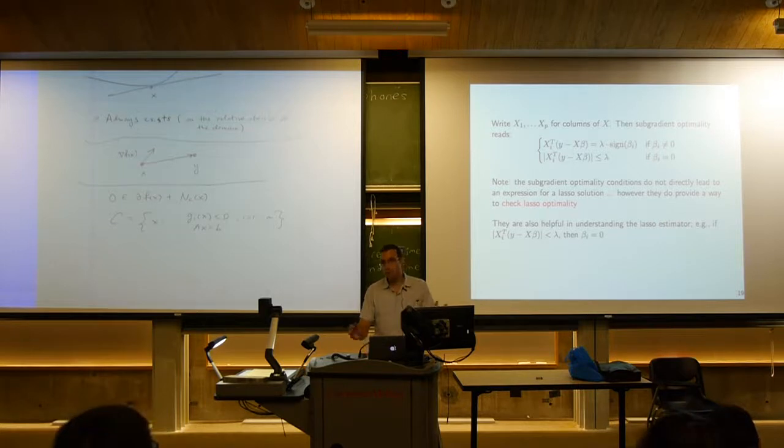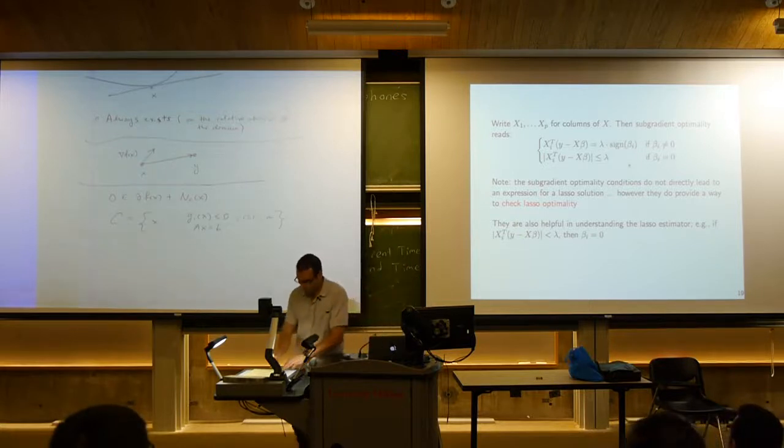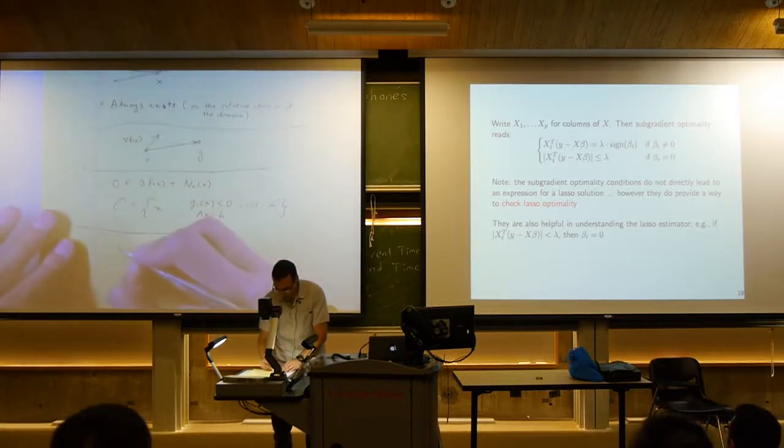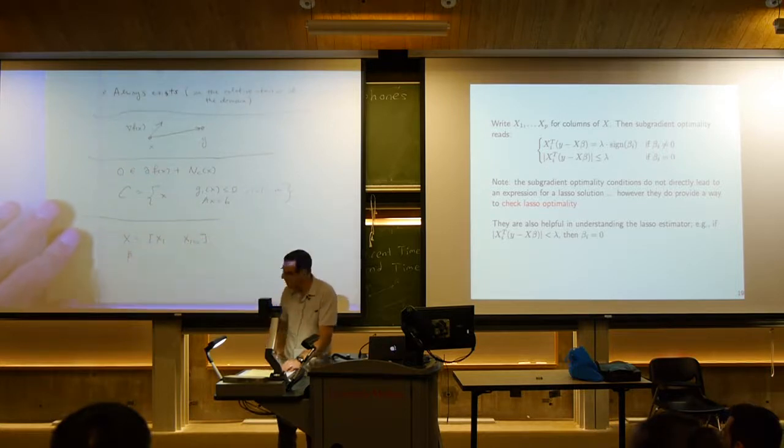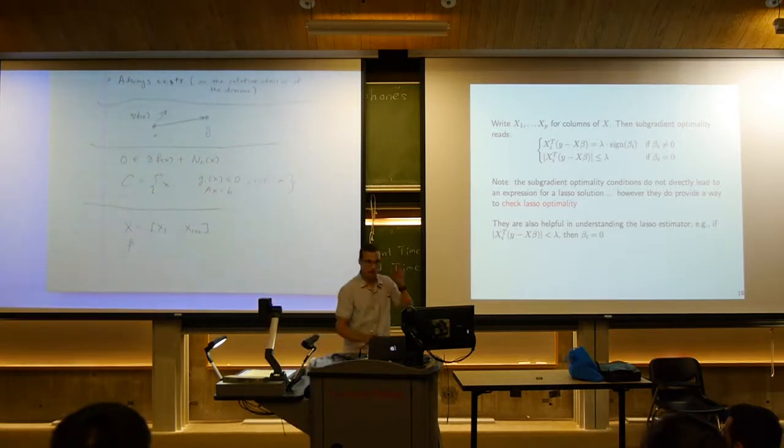Here's one very simple property that you can get out of looking at these conditions. Let's suppose that you solved the lasso with the matrix X, and let's suppose that X had columns x_1 through x_100. And you got out a vector beta. Then you know that it must satisfy the subgradient optimality conditions.